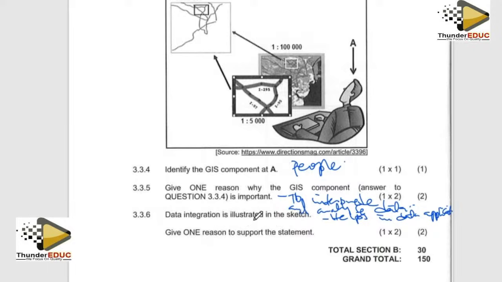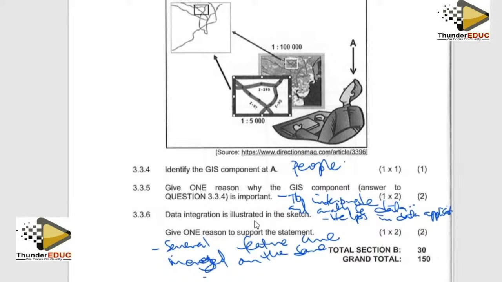Okay, data integration is illustrated in the sketch. Give one reason to support your answer. Okay, several features are merged on the same paper or area.